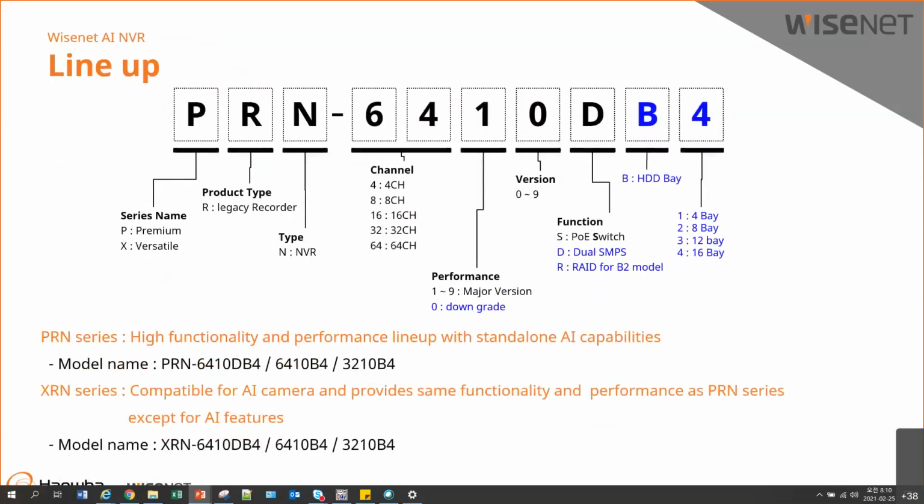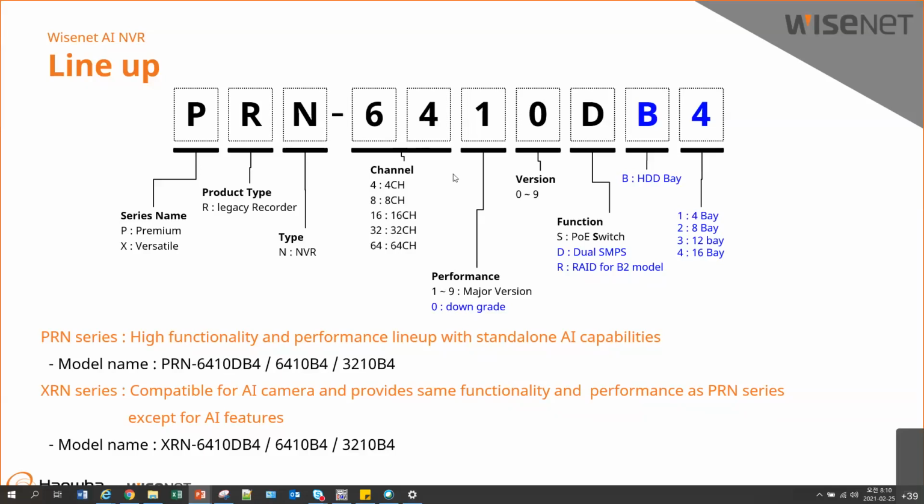So let's have a look at the naming rule of the NVR. We will have two series of this new NVR, which are P and X. P means premium lineup and X means versatile. And of course, it will be the recorder, so that's why we have R in the second letter, and the type will be network. You can get channel information from the first two digits, which is 64 or 32.